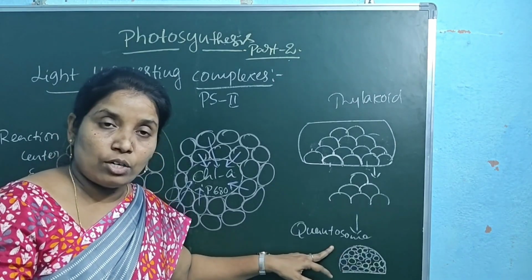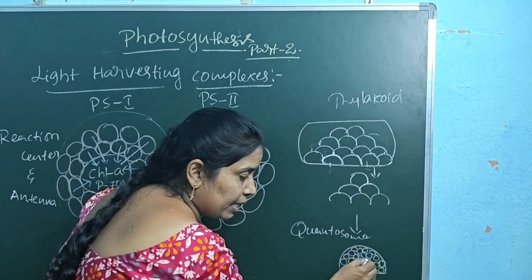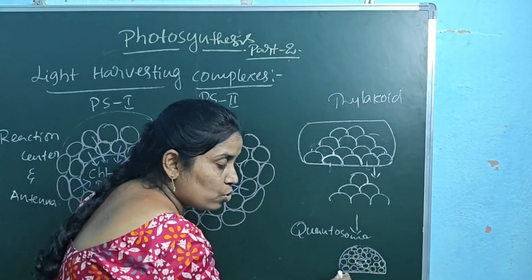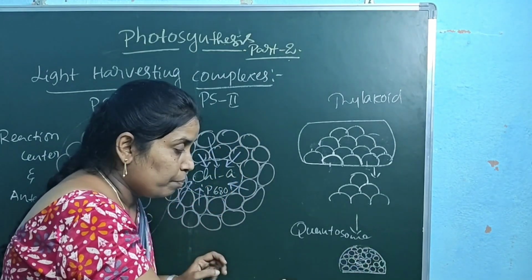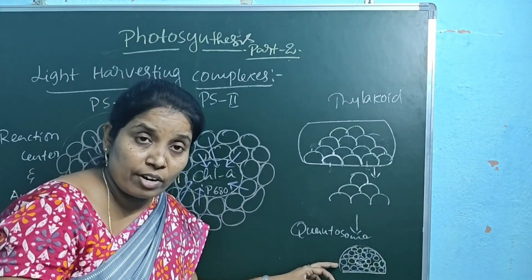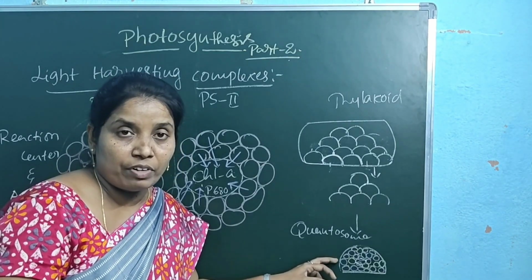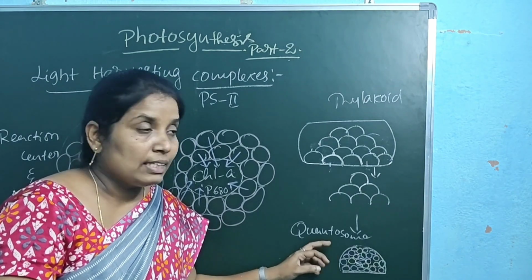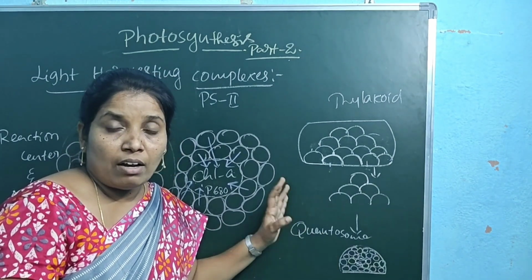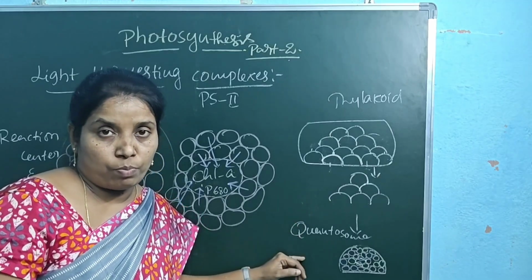That is called quantosome. If you see here, the center is chlorophyll pigment that's surrounded by so many pigment molecules. I have mentioned different colors because there are carotenoids, xanthophylls and chlorophylls. Okay, so this is the actual photosynthetic unit, nothing but quantosome.